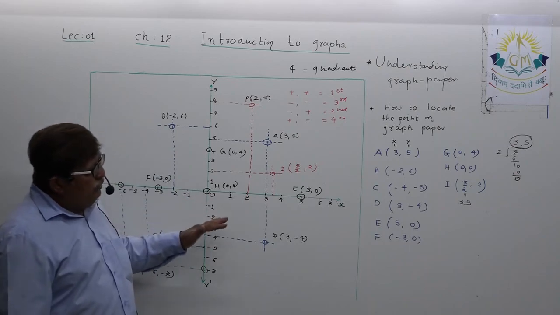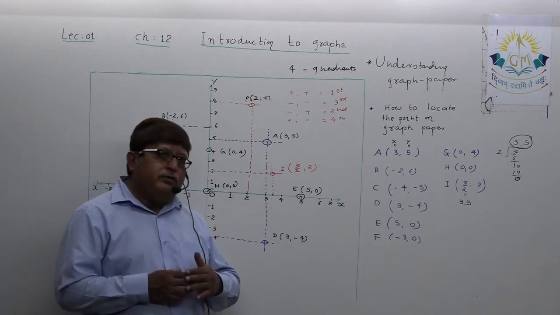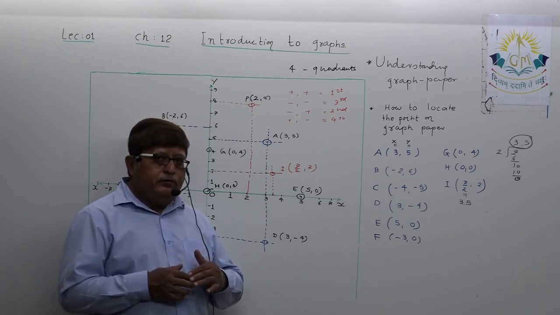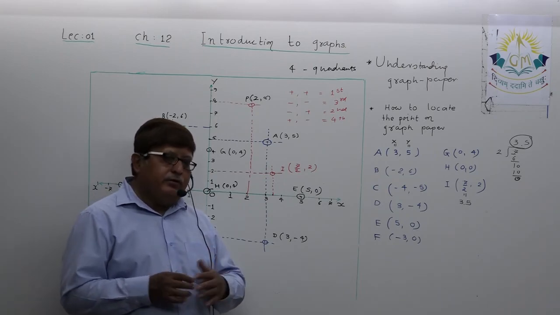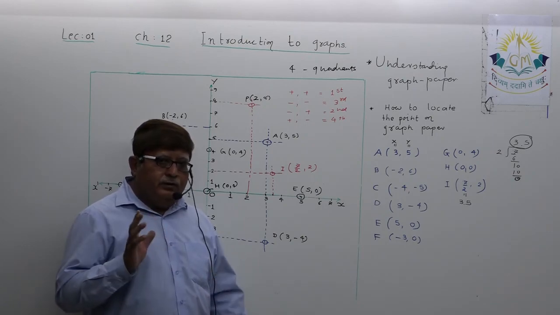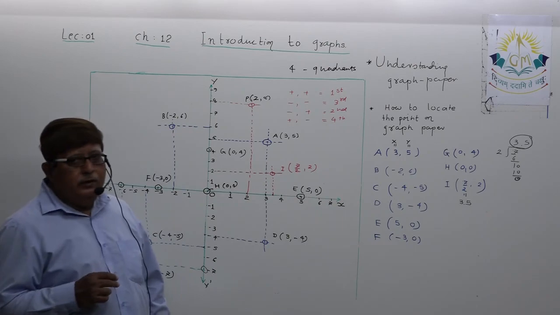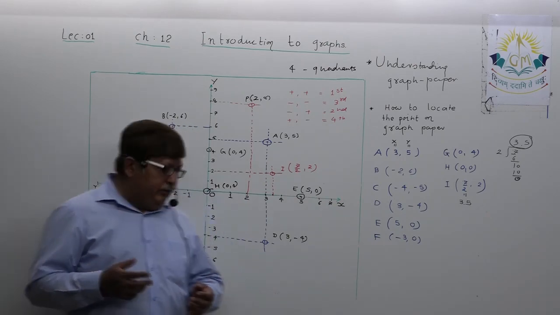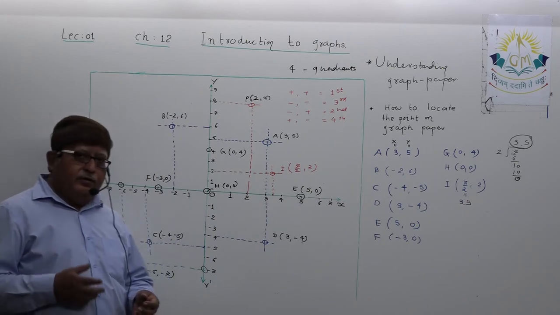So, dear student, this is what we have understood in today's lecture. Today's lecture was completely for two topics only. Understanding the graph paper, you may call it the coordinate plane.